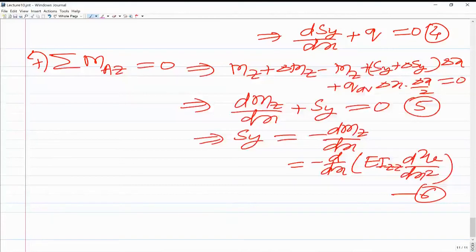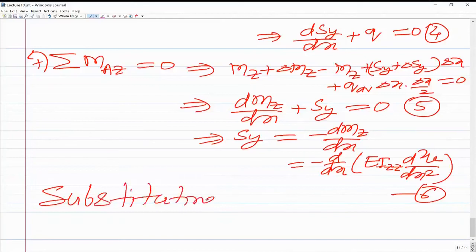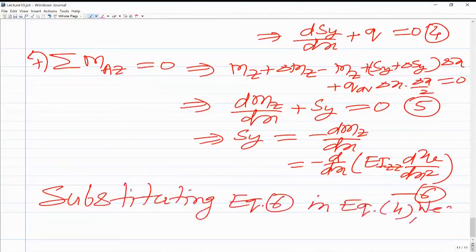And now what we can do is, once we know this expression of Sy, we can substitute equation 6 in equation number 4, and get the final governing differential equation for the beam. So now you can say that substituting equation 6 in equation 4, we will get, so the first term is dSy by dx.